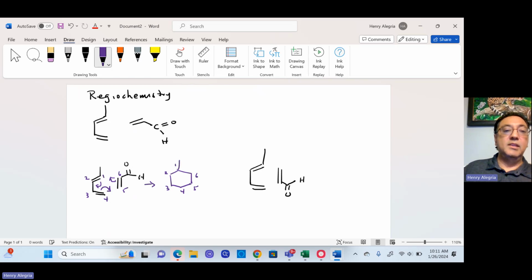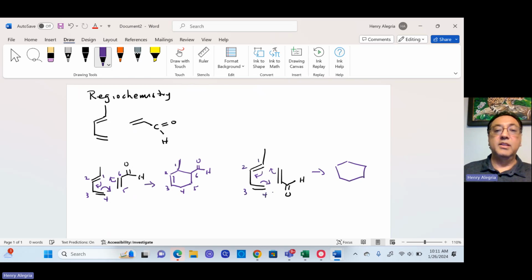So 1 has the methyl group. The double bond is between 2 and 3. And 6 is the one that has the aldehyde. So I have that. Here, the reaction is going to be this way. So the product that I get, again, I will put numbers strictly to keep track of where things are.